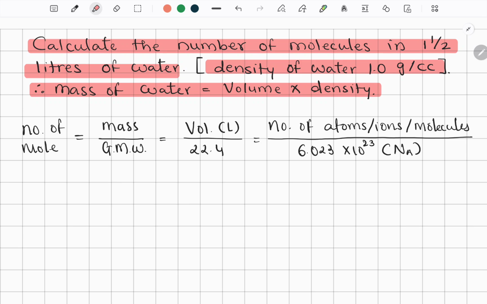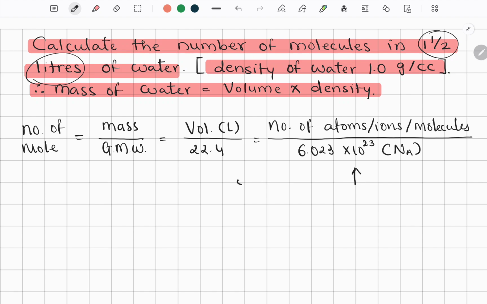Now most of the students will say, okay, calculate the number of molecules, so we'll use the third formula, and 1.5 liters of water is given. So we're going to use the second formula, equate these two formulas and get the answer. It's wrong.